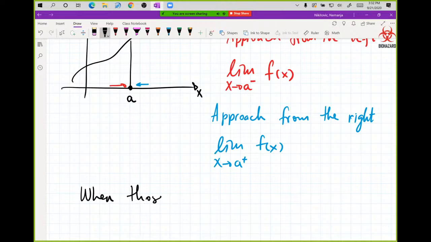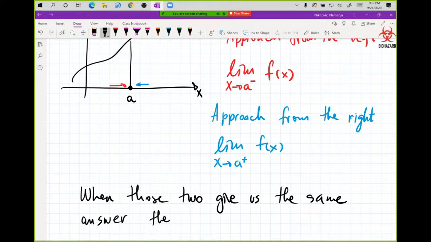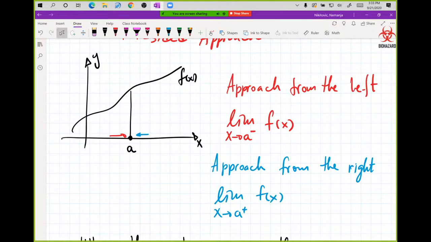When those two give us the same answer, then the limit as x goes to a of f of x is that answer. Which should make sense, right? Think about it. When you bounce this off the y-axis, the blue one drops down, the red one rises up, and they meet together at the value L.